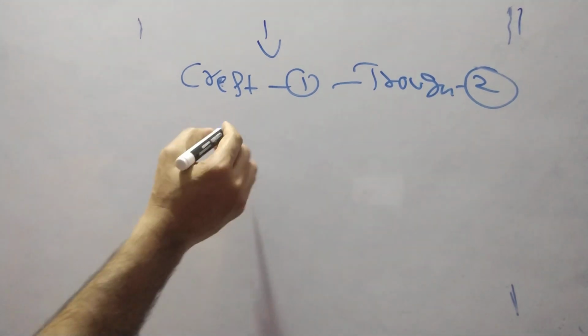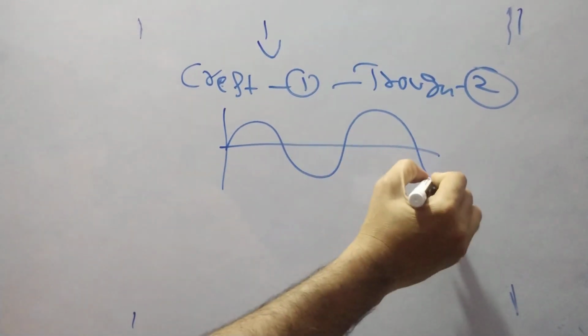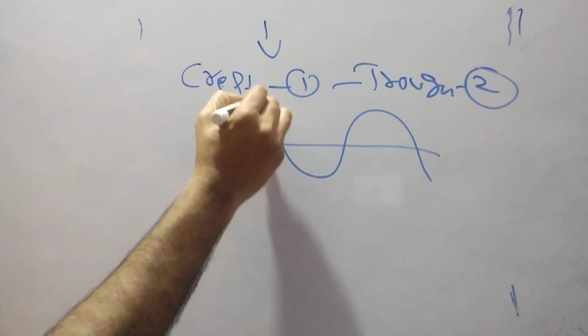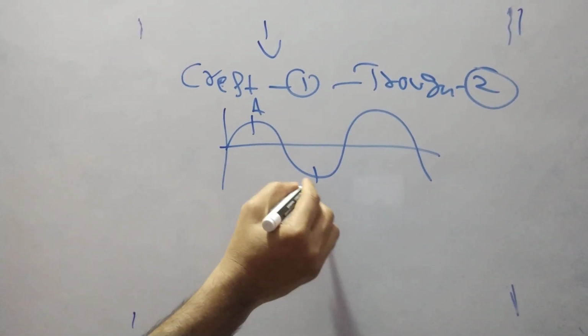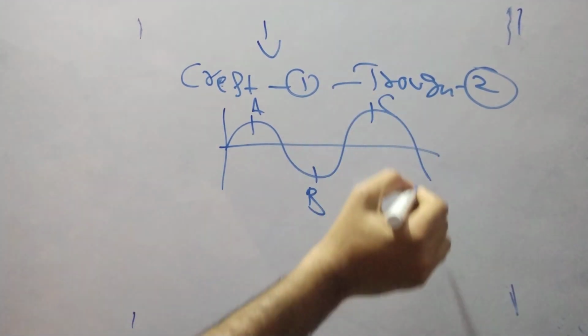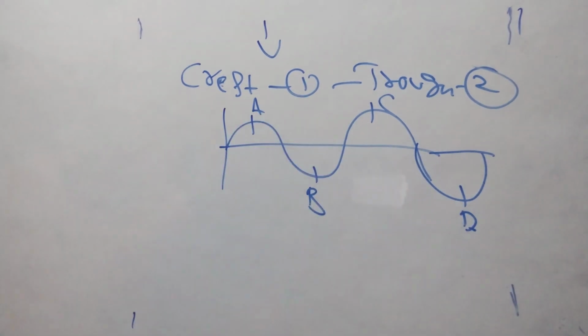Then your resultant wave will be like this. This is a crest here, this is a trough, this is a crest, and this is a trough. Crest and trough should be attached.